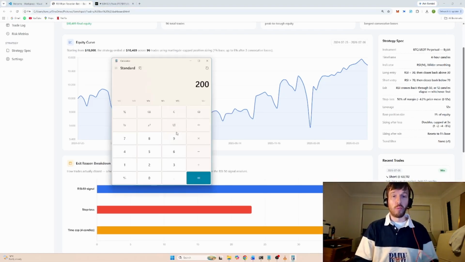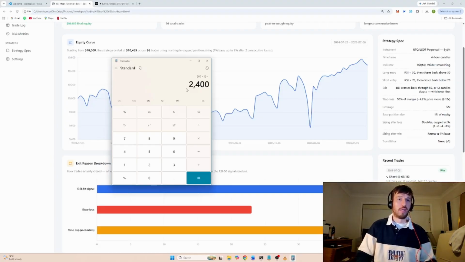So the average amount that we're putting up per trade is $200 because we're using leverage, and we're on 12 times leverage. The amount of Bitcoin that I'm actually trading with goes up to $2,400. The rough part about how these fees work is that you're charged on the total amount you're trading with. Currently for Bybit, the taker fee that they charge is 0.055%.